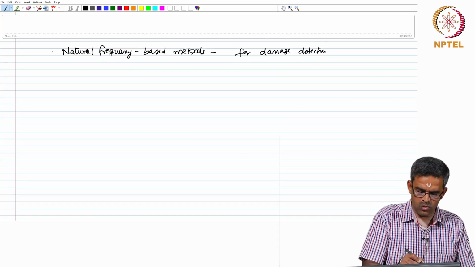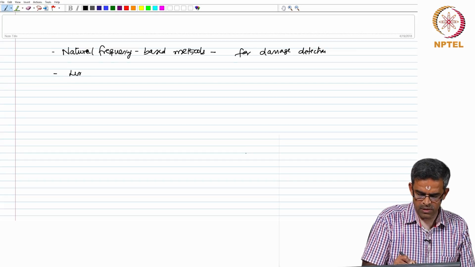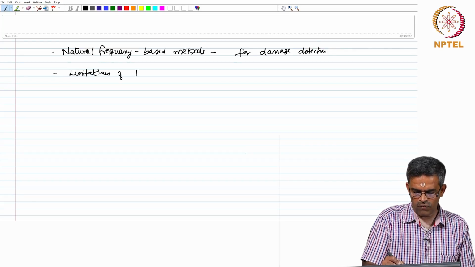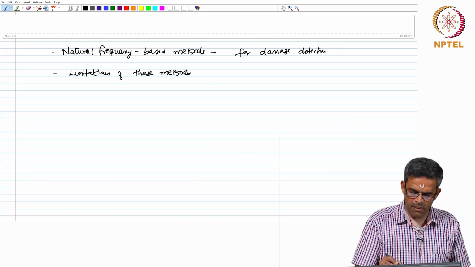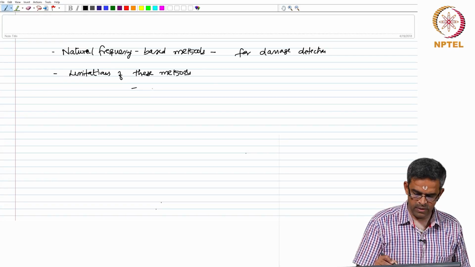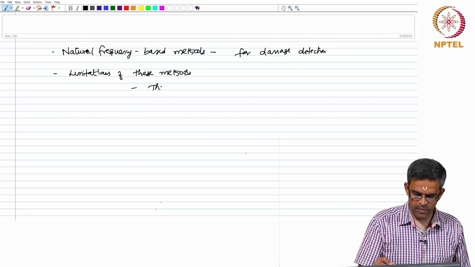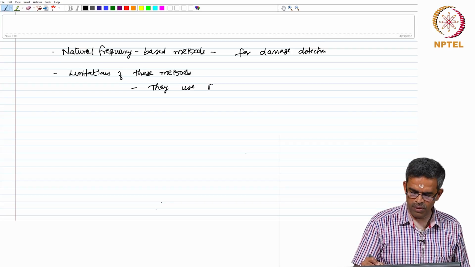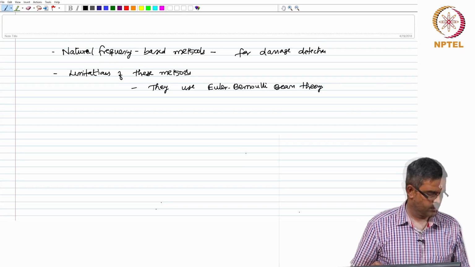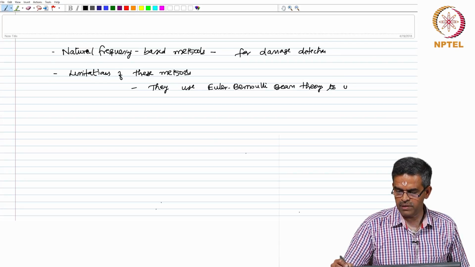We also saw the limitations of these methods, primarily due to the fact that they use Euler-Bernoulli beam theory to indicate the damage.